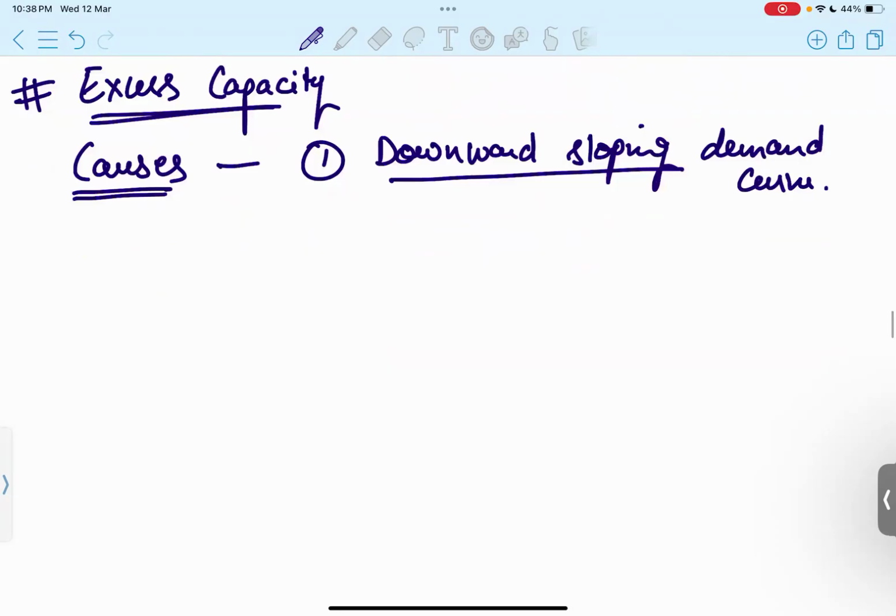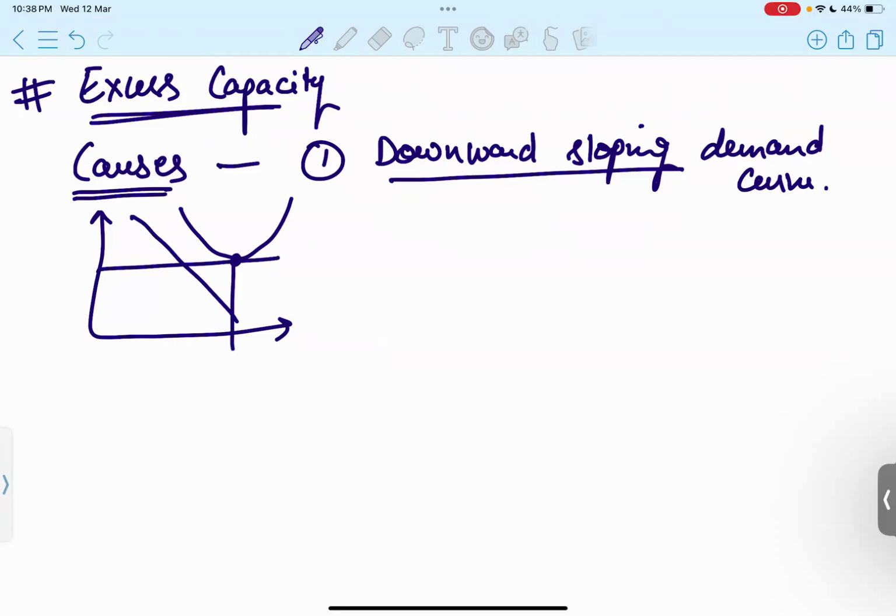Otherwise, the ideal situation for the demand curve should be perfectly elastic, completely flat or parallel to the x-axis. But since it becomes downward sloping, if equilibrium under perfect competition is this, under monopoly it would be somewhere less than this point of Q, so it would be creating this gap. But if it were flatter, there would be no impact all in all. So this is one of the reasons.